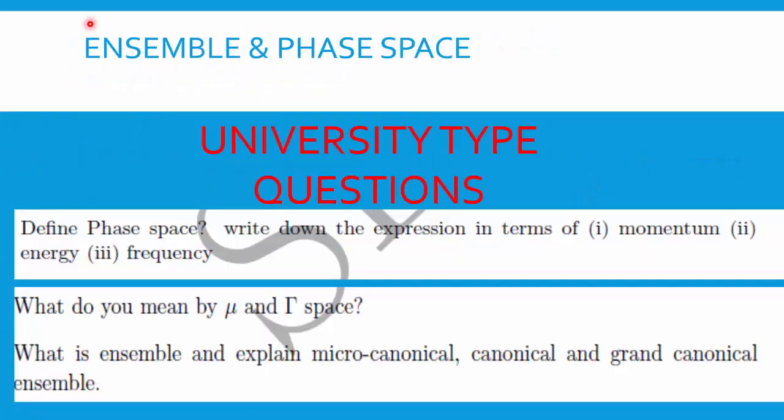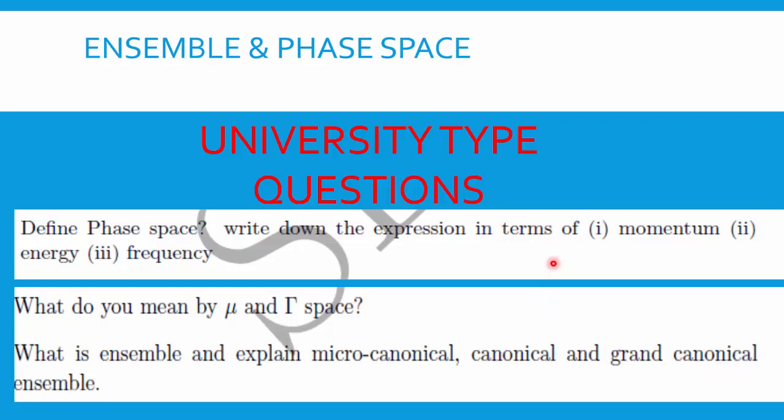So whatever we have done in lecture 3, what type of questions can you expect from this lecture 3 on ensemble and phase space? We have defined phase space, we have defined ensemble, we have defined types of ensemble as mu space, gamma space, and types of ensemble as microcanonical, canonical, grand canonical.